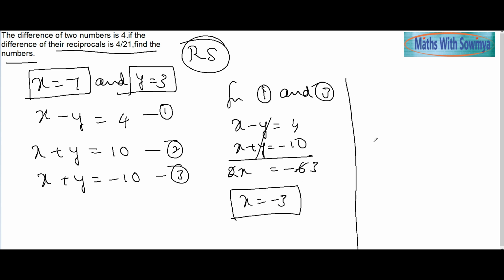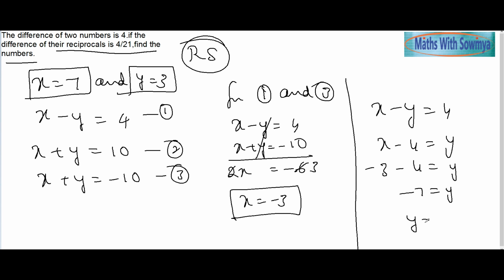And what will be the value of y? x minus y is 4 and x minus 4 is equal to y, minus 3 minus 4, minus 7. y is minus 7.